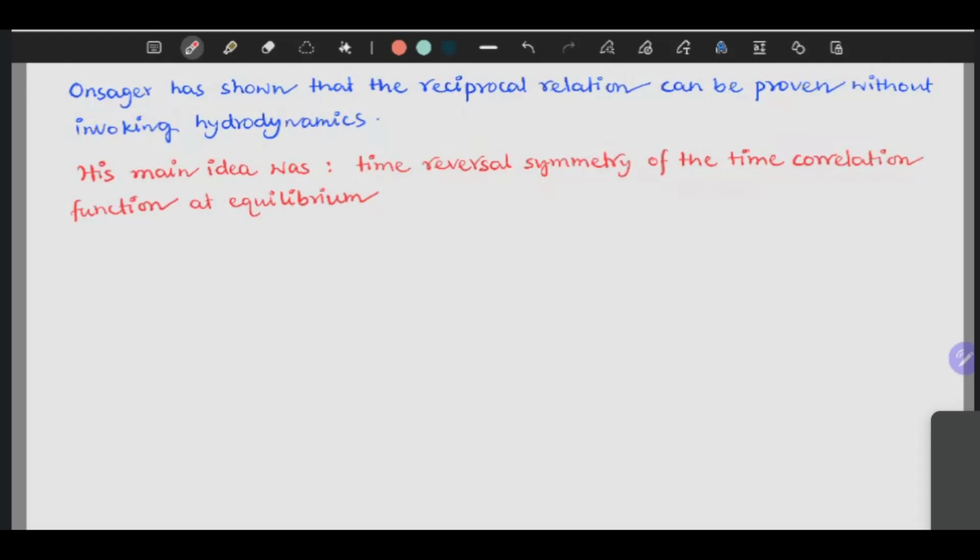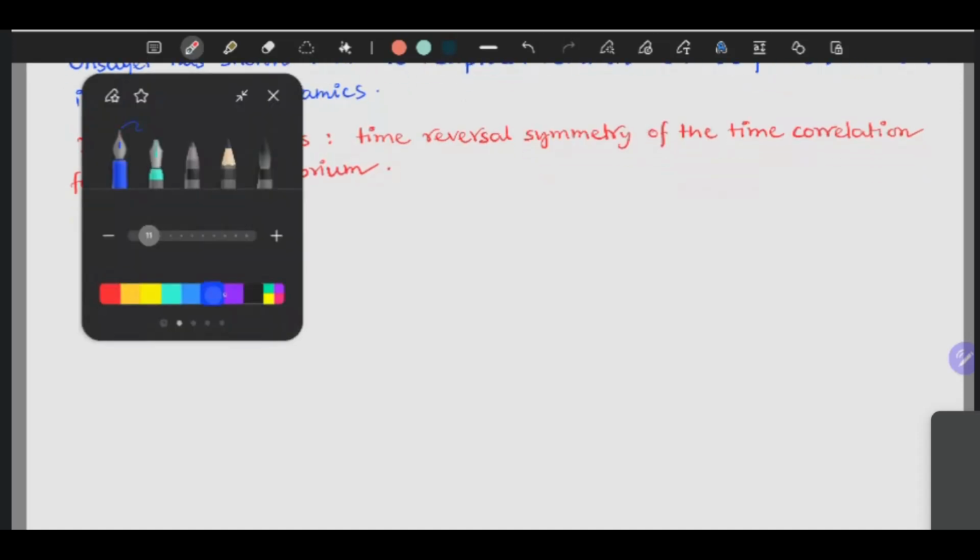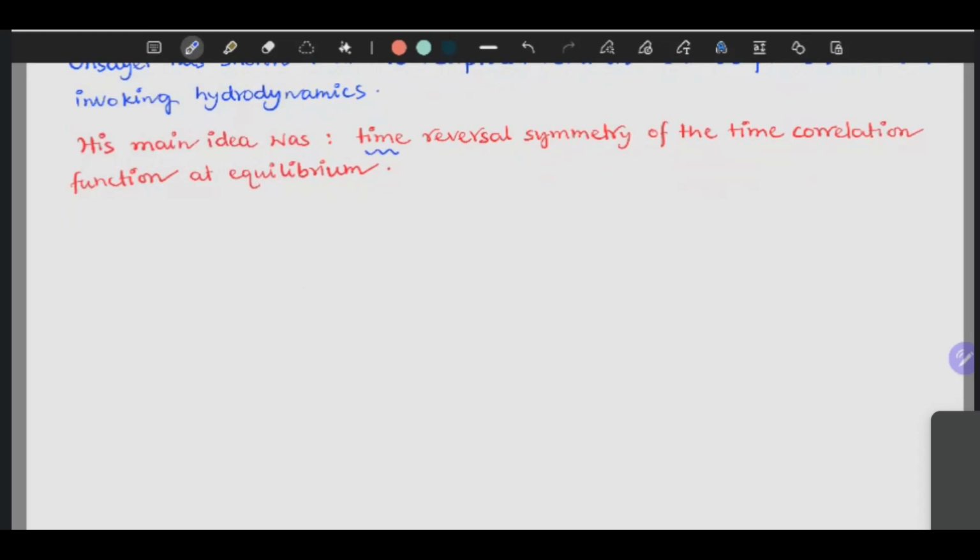Okay, so now, he mainly took the help of time reversal symmetry, so that is his main weapon.